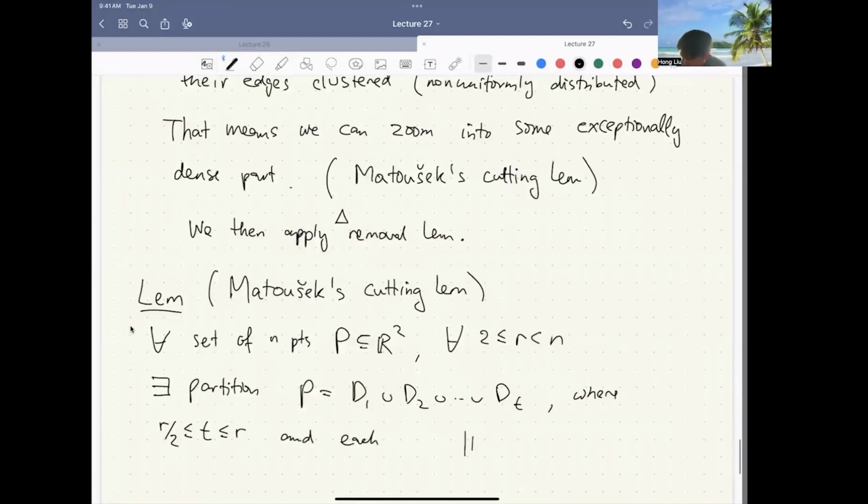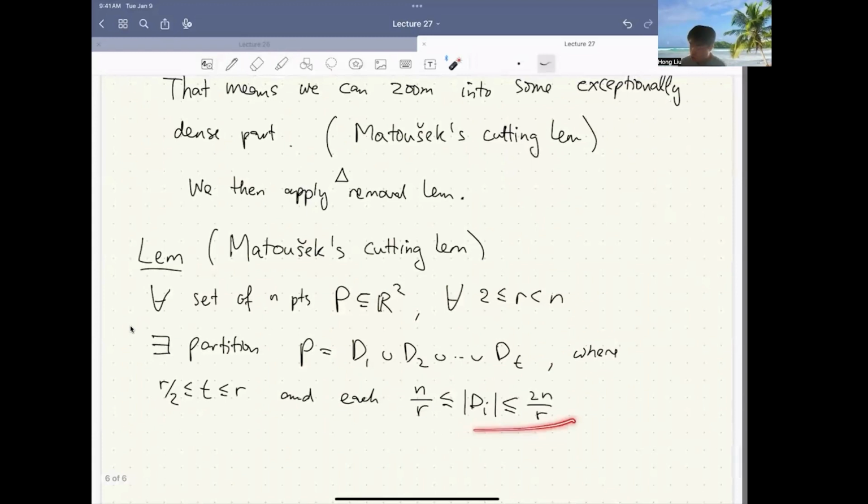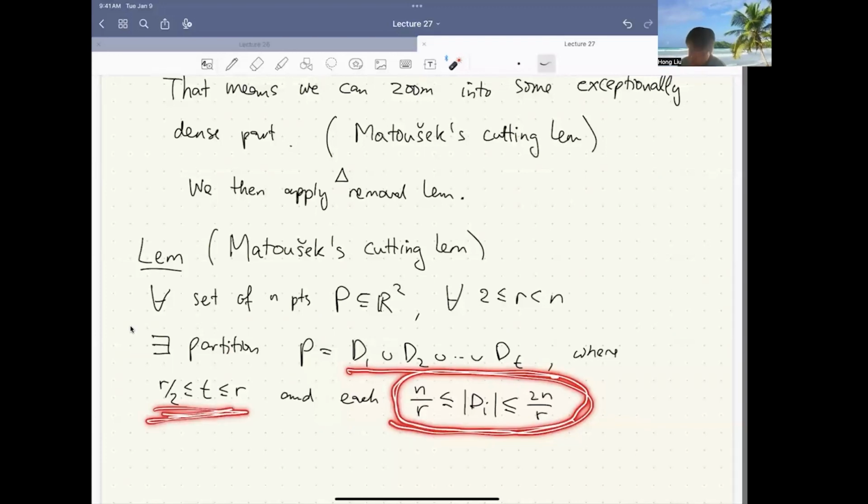Each part, Di, has size at least n over r and at most 2n over r. Each part is the same size up to a constant factor of 2, which implies the number of parts t is linear in r.